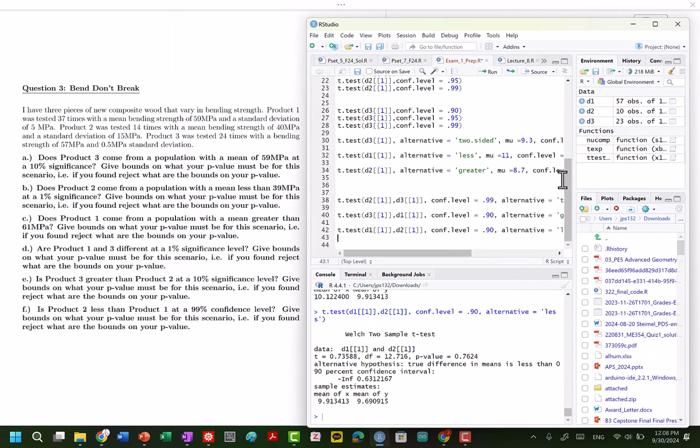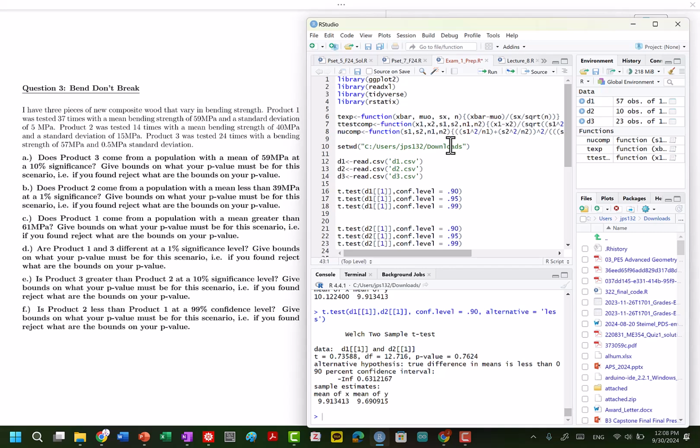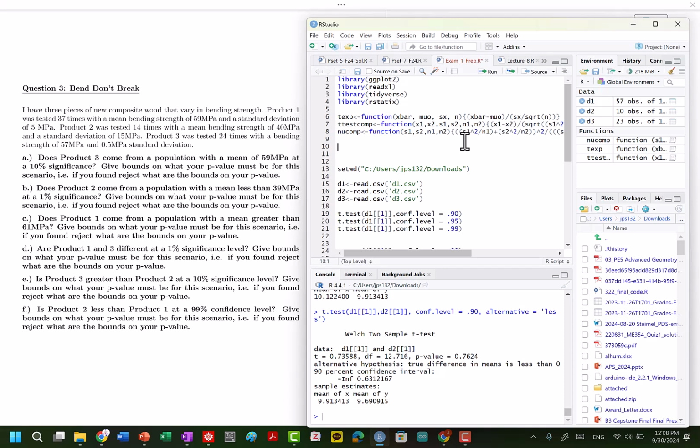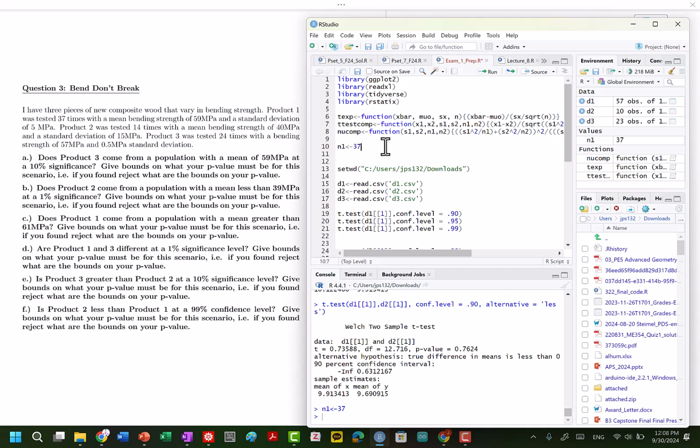So I'm going to define some values here first. n1 is going to be equal to 37. X1, the mean, is 59. S1 is going to be 5.